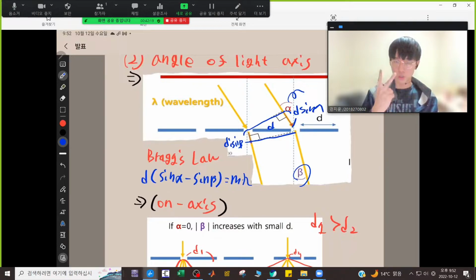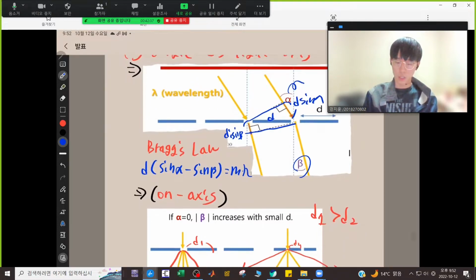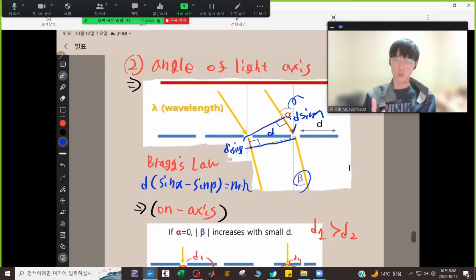If the path distance of two waves is an integer multiple of the wavelength, then these two waves must produce constructive interference.